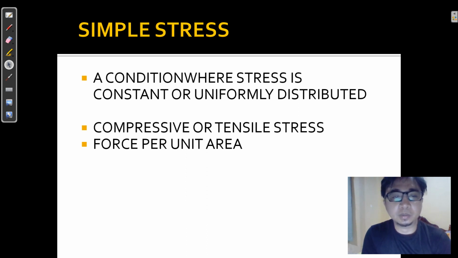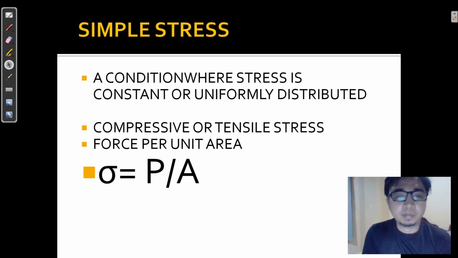So that is unit load. When we say unit load, it is force per unit area, meaning the force will just be distributed along the cross-sectional area of your member. It is denoted by the Greek letter sigma. So sigma is simply equal to P over A.